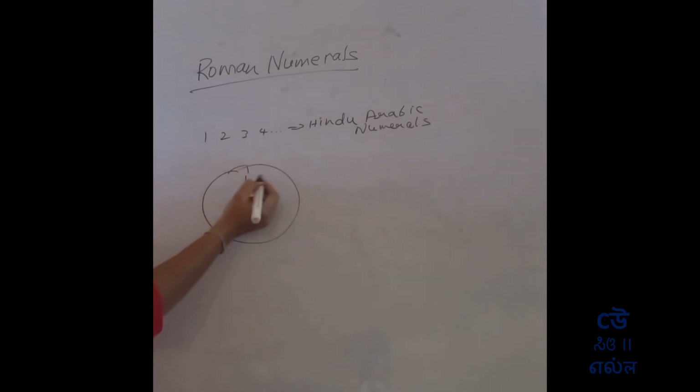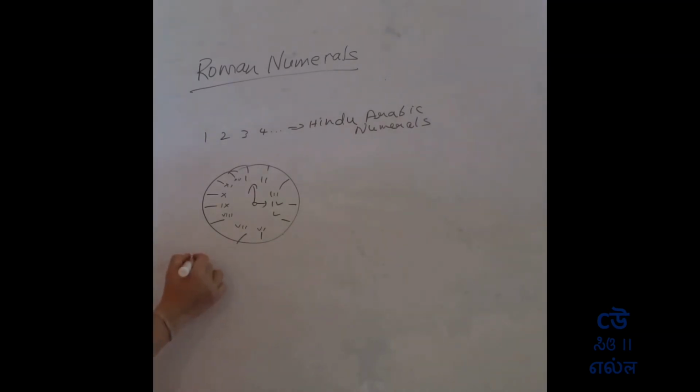In the clock you will have seen 1, 2, 3, 4, 5, 6, 7, 8, 9, 10, 11, 12. This is called the Roman numerals clock.